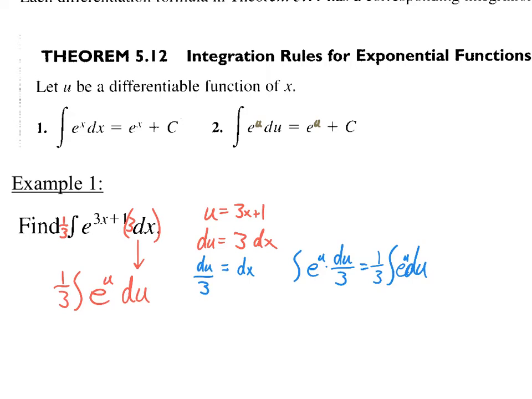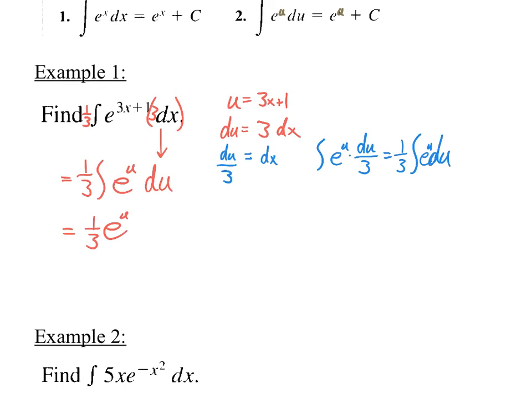Either way, we've gotten to this point, and that gives us 1/3 times the integral of e to the u, which is e to the u. And u is 3x plus 1. So it's 1/3 e to the 3x plus 1. And now we'll throw on the plus c. Okay? Not too bad. It's just more u substitution.